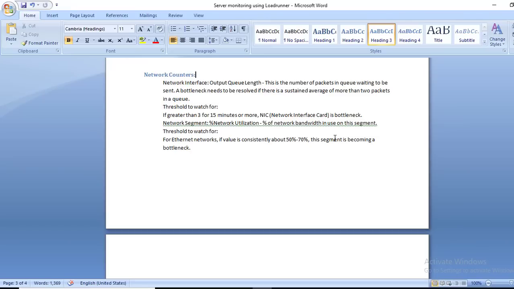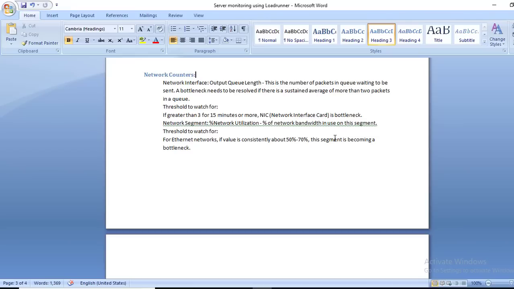There should be no packet in the queue. It should be going or coming. It should not stay, and there should not be a sustained average of more than 2 packets in it. Result to watch for: if greater than 3 for 15 minutes or more, the network interface card is a bottleneck.